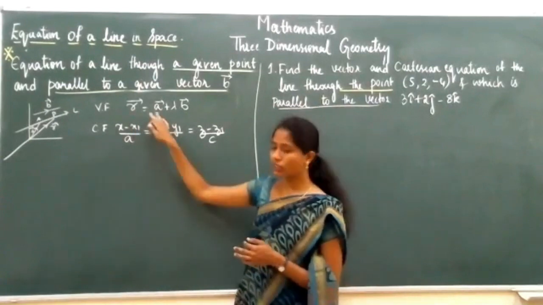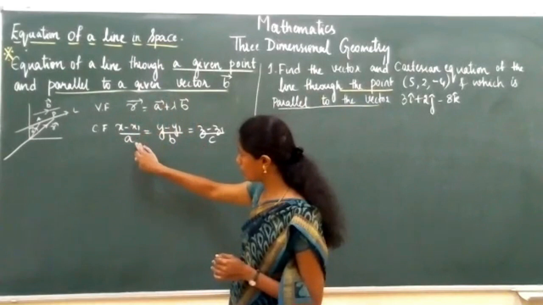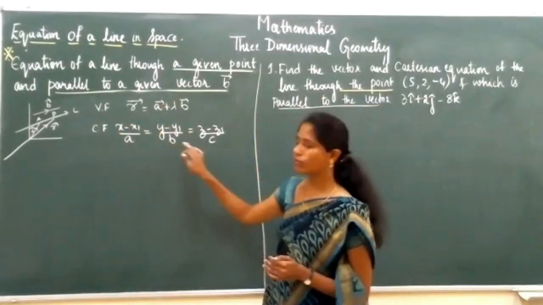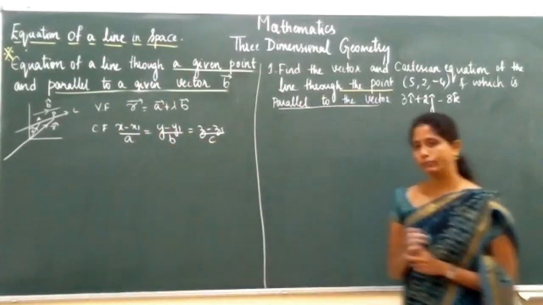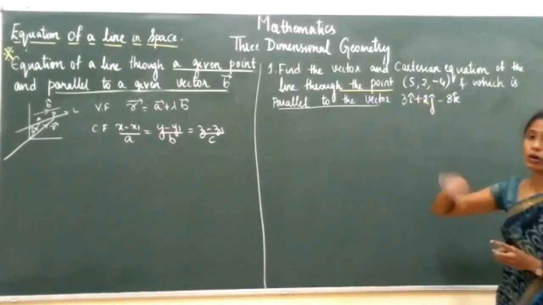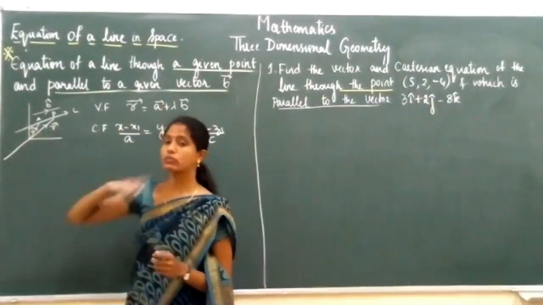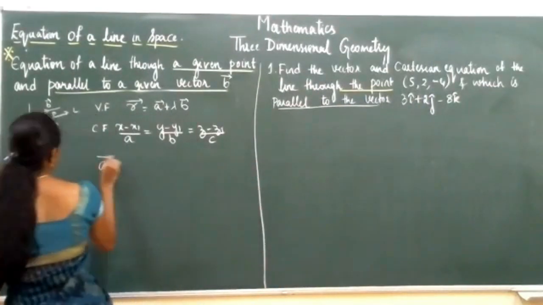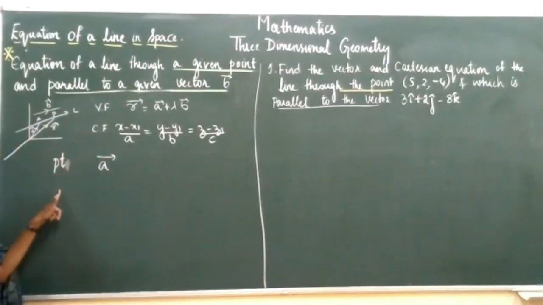In that, the vector form is given by vector r equal to vector a plus lambda times vector b, and the Cartesian form is given by (x minus x1) by a, (y minus y1) by b is equal to (z minus z1) by c. So they have given a point. What was the point we considered? We considered A as a point, and the position vector of that point A we call vector a.